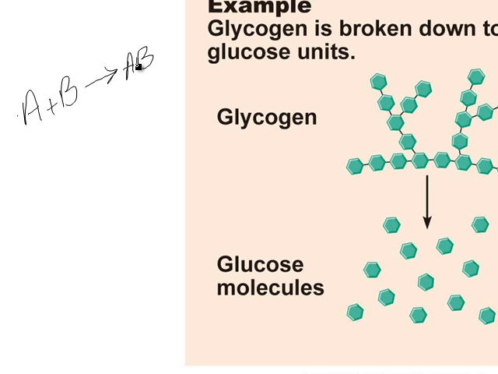So what are my products in this reaction? Yep, salt, sodium chloride. What were my reactants in the reaction? Sodium and chlorine. Okay? Everybody get that? And I'm making something new.